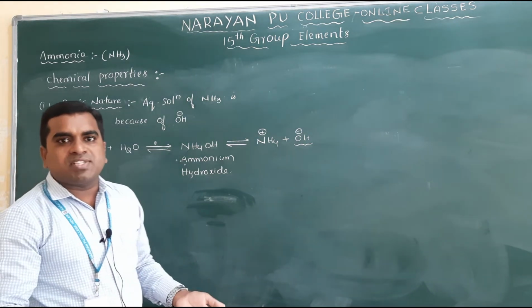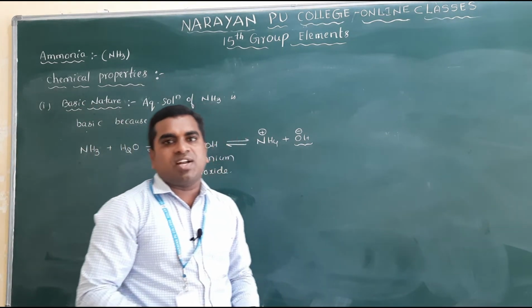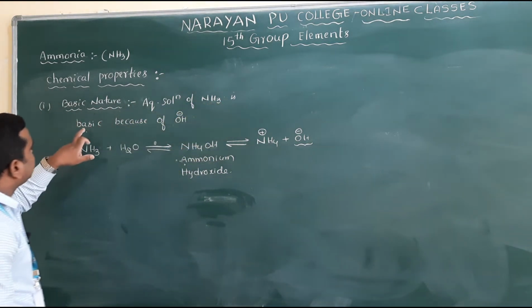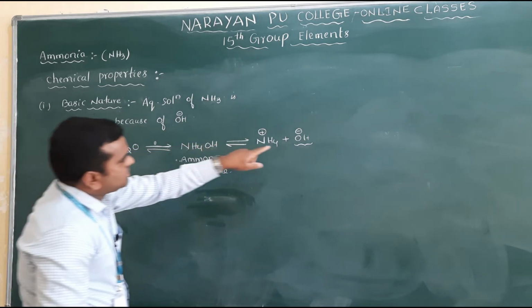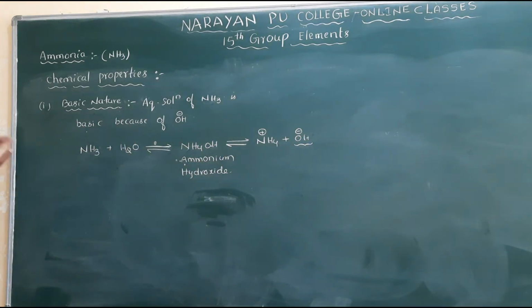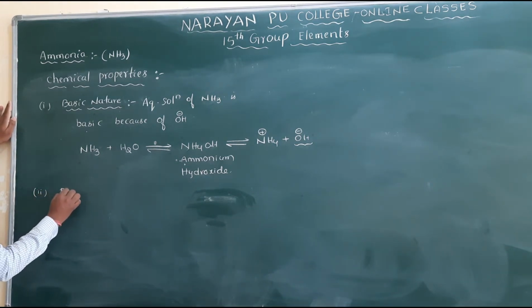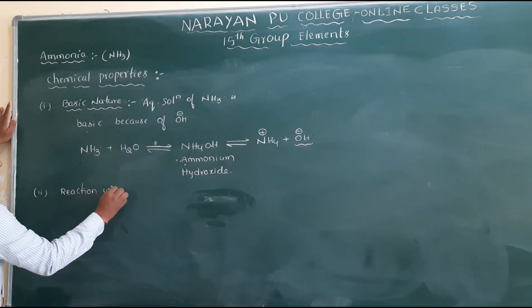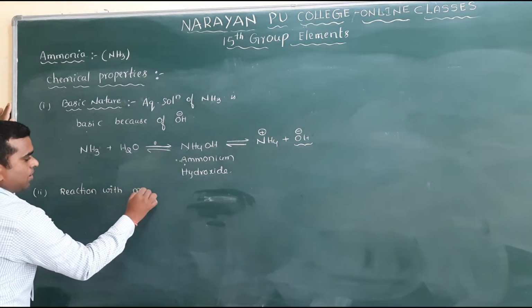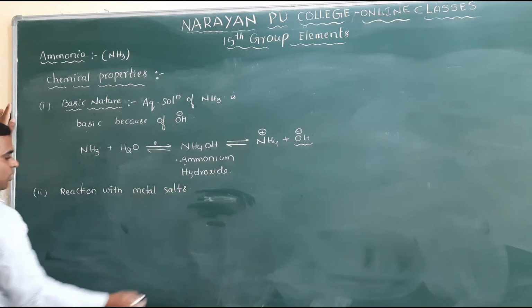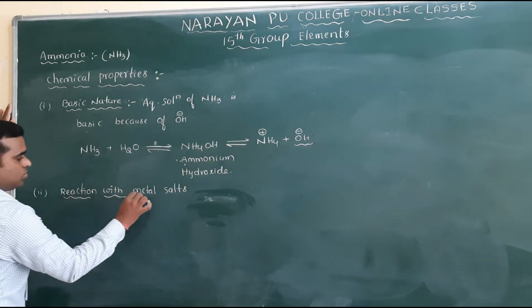H plus ions are present, which make it acidic, and OH minus ions are present, which make it basic. So the aqueous solution of ammonia is basic because of OH minus ions. This is the first one. And the second one is reaction with metal salts.